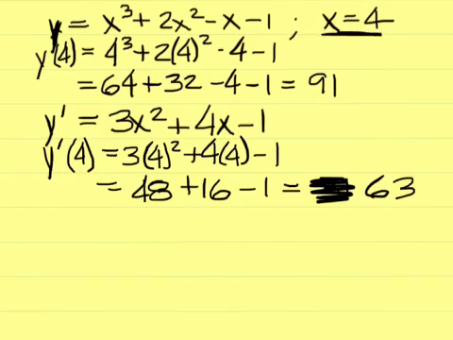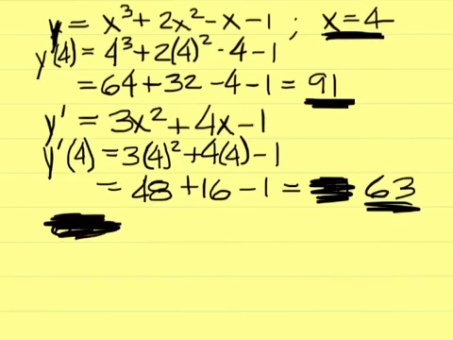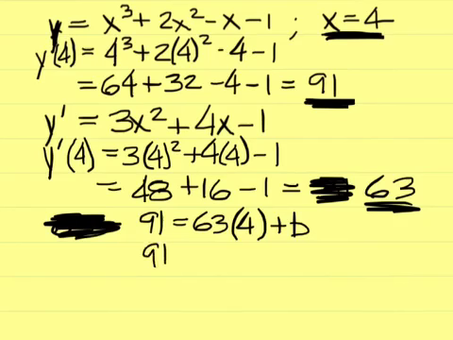Now we have our x value that was given, we found the y value, and we just found the slope. We have the y value, 91, equals 63 times 4, and then plus b. So that's 91 equals 63 times 4, that's 126 times 2, which is 252, plus b.